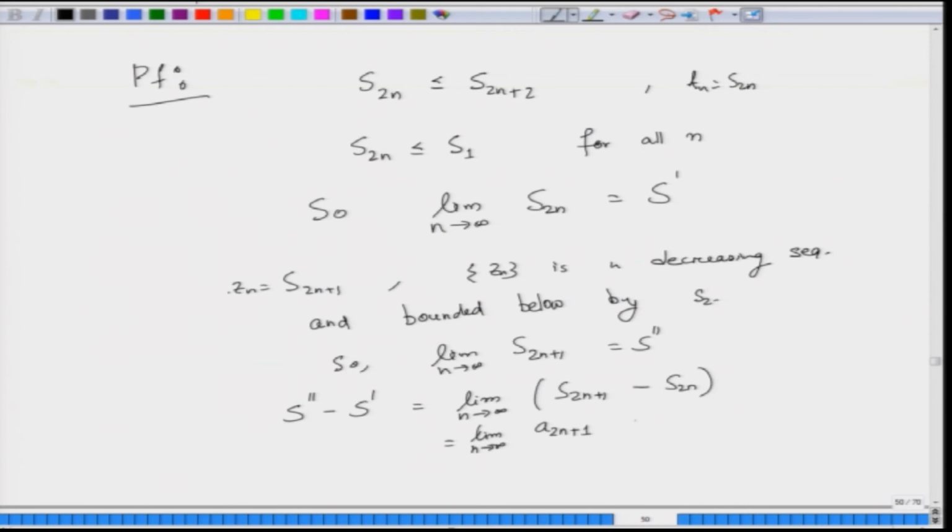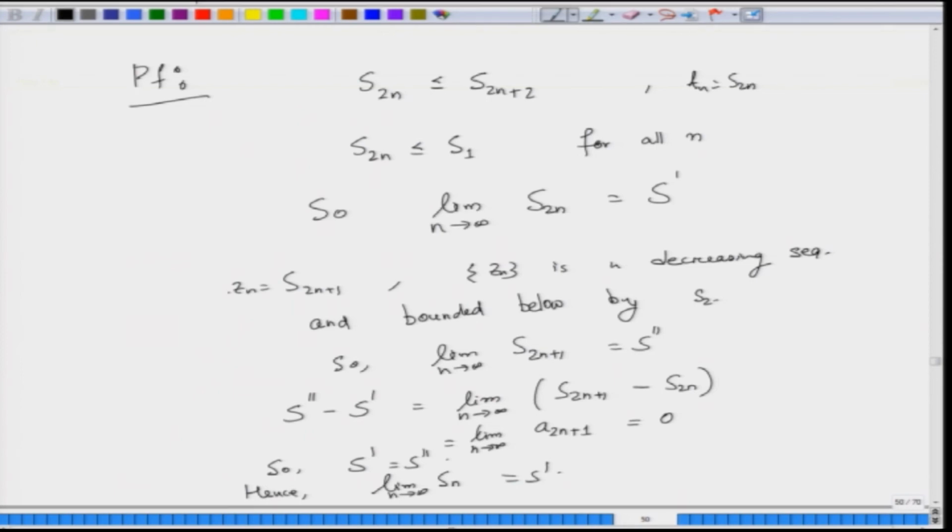This is given to us to be 0. Therefore, S prime is equal to S double prime. Hence, the limit of S n as n goes to infinity is equal to S prime. Therefore, the series is a convergent series.